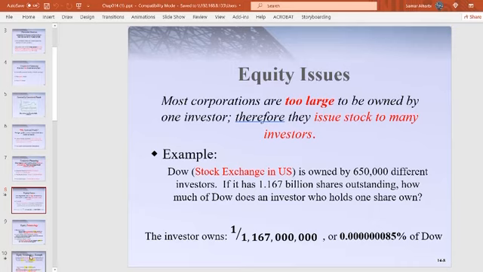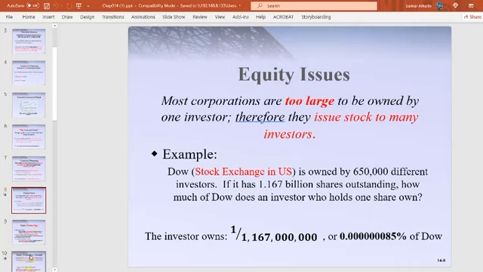If you check all firms in the stock market, in the Saudi stock market, none is owned by one investor. There are many investors who buy shares from the company, and in the slides we have one example. We have here Dow.